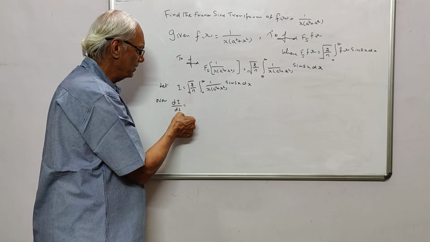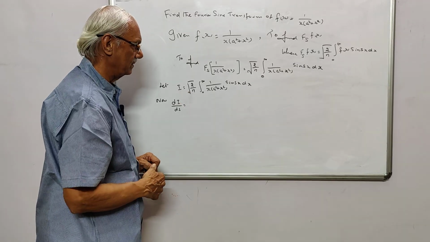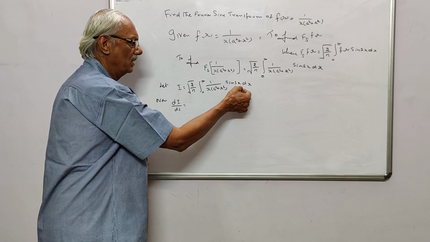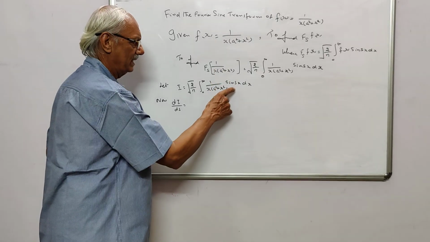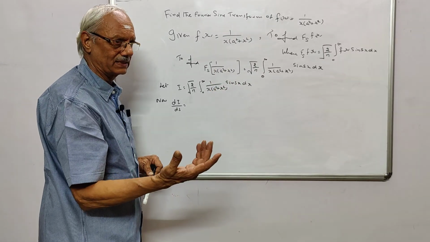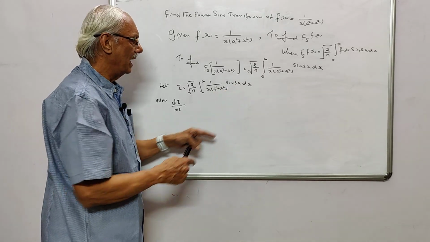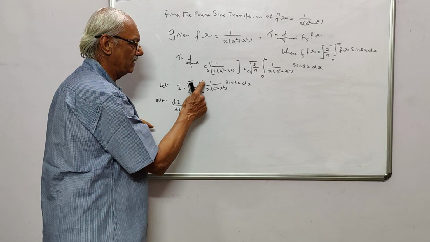So I'm going to differentiate this I with respect to s. When I do that with respect to s, you see that here this sin sx also involves x. So I must go for partial derivative of this, and there is no s involved elsewhere.